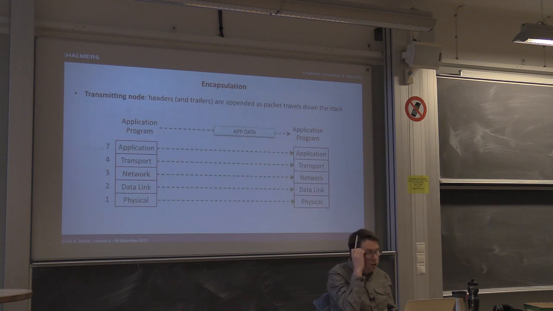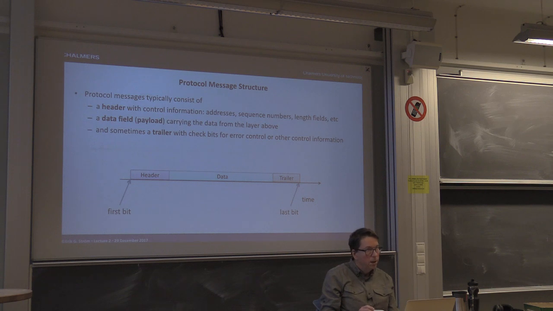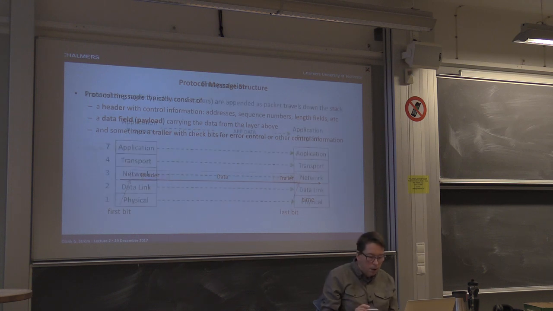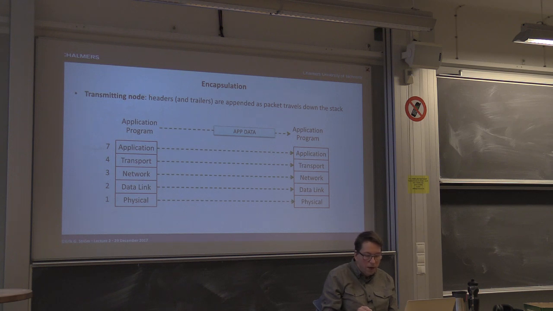So to see this in action, let's look at the transmitting node. The process we will see now is called encapsulation. That is the principle that we never touch the data from above. We just encapsulate it into our message. The application program has some application data that's supposed to be transmitted to the application program at the other end.